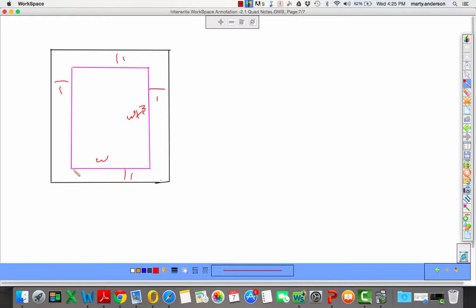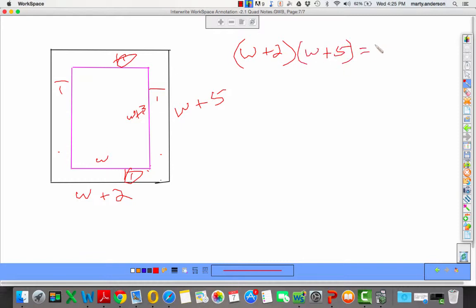So my new dimensions are W plus this foot and this foot, which gives me W plus 2. And this way W plus 3, but I added a foot up and a foot down, so I get W plus 5. So we've got W plus 2 times W plus 5 is equal to 208 square feet.